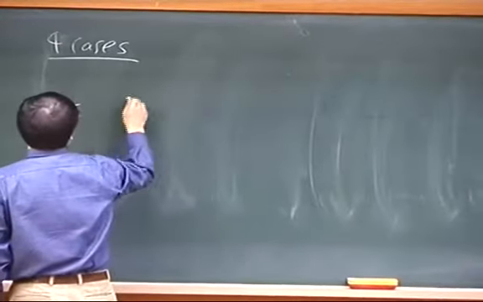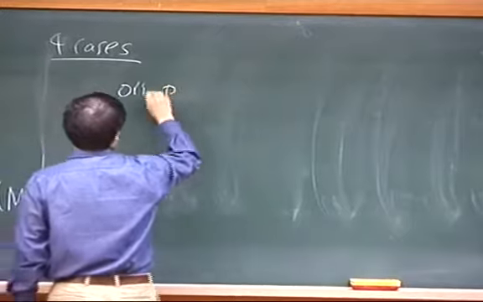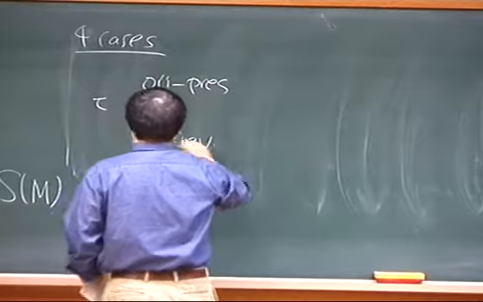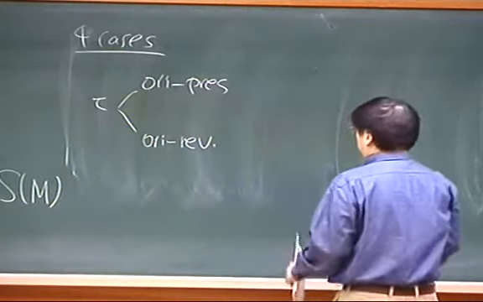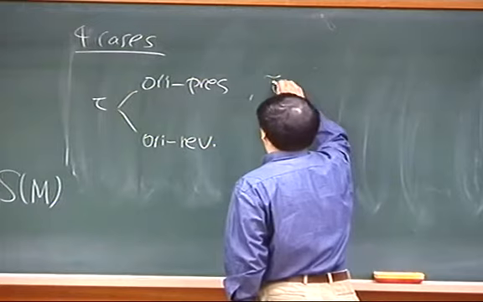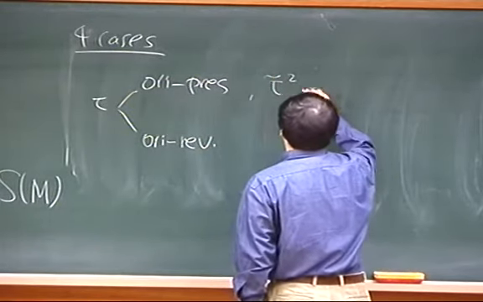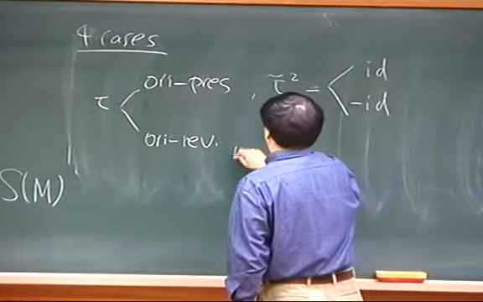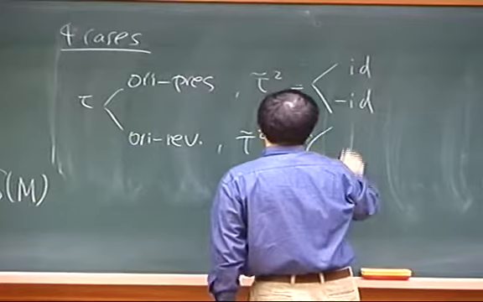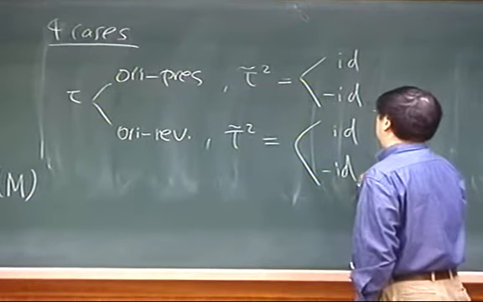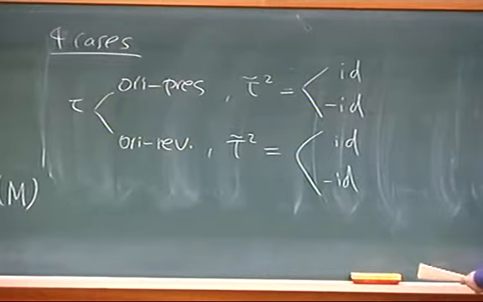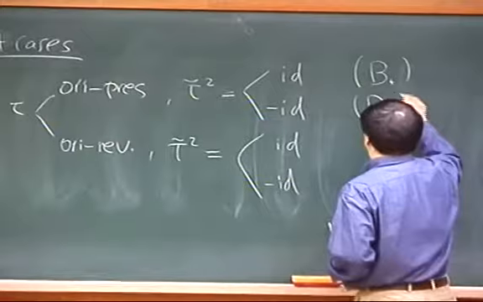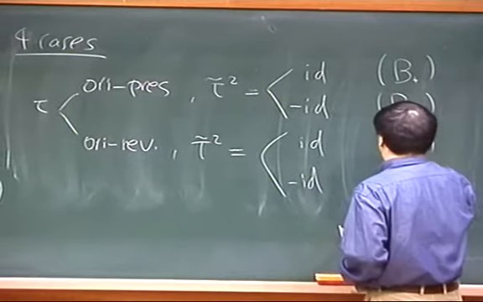So tau is either orientation preserving or orientation reversing. And the lift squared can be either plus identity or minus identity. And I just name these four cases B plus, B minus, and A plus, A minus.